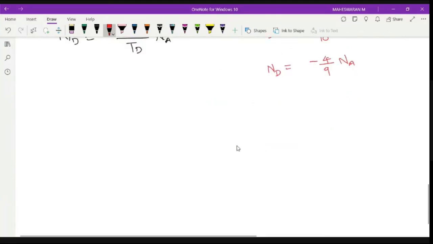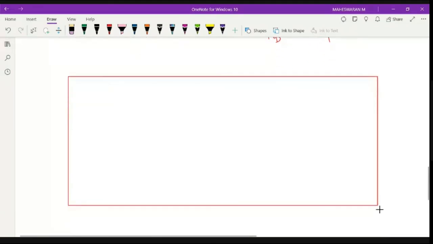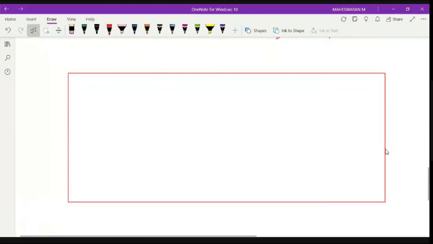Now make a tabulation. Make a tabulation. I will directly write it out. I will put it like this. So the first column is arm.